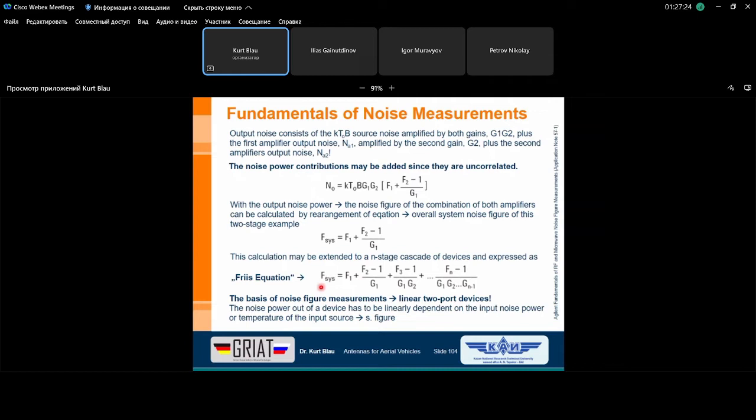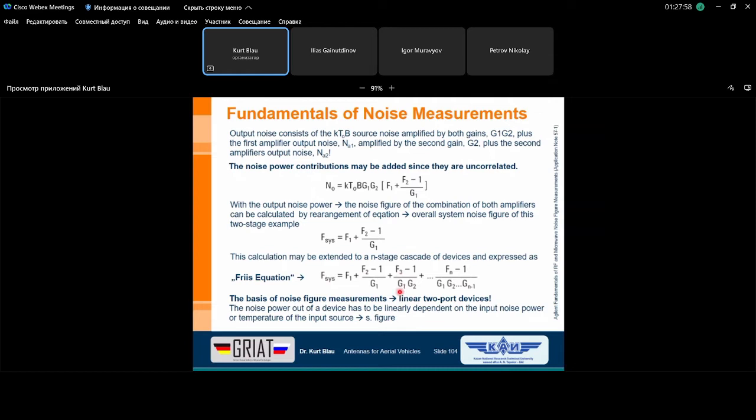Let's make an example. If the first stage, with G1, has a high power gain, and the power amplification of the second stage occurs here, and also the third stage has a high noise figure, and this product goes in the direction of 1, because let's say here this is 100.